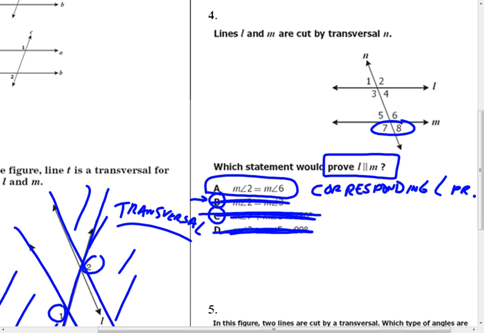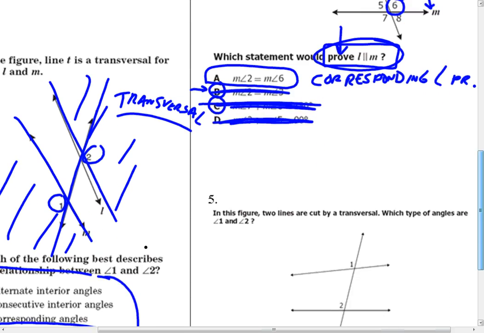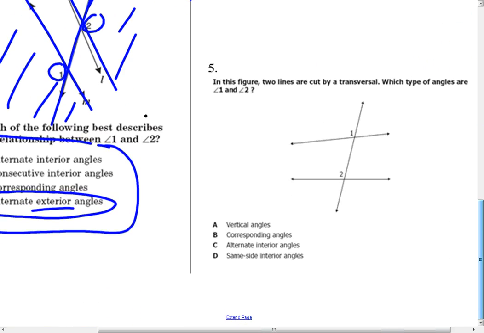A was the only one that actually did any proving because 2 and 6 told me something about line L and line M. So don't look for truth, look for what's actually doing the proving. Do these look parallel? No, but we can still use these terms. We just can't talk about whether things are equal or supplementary.